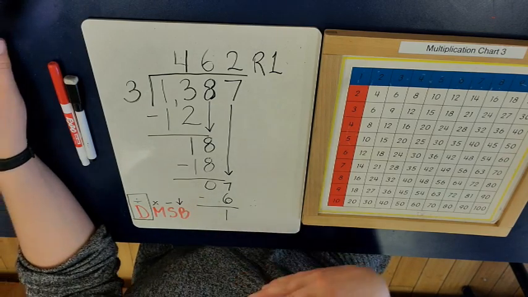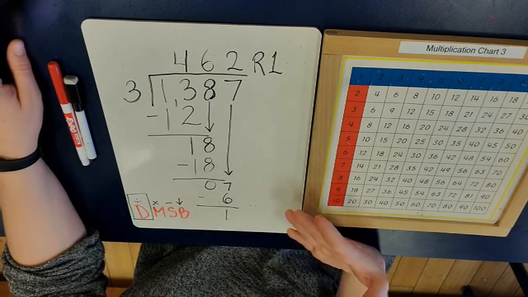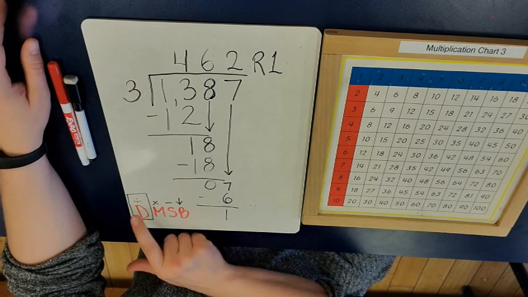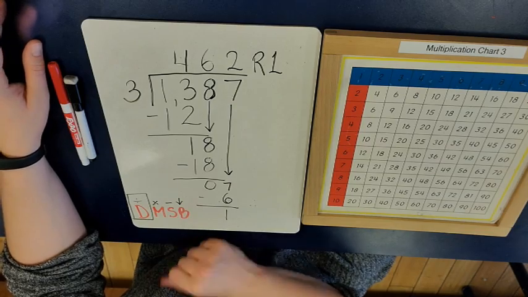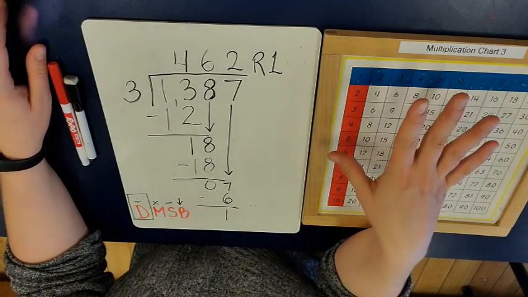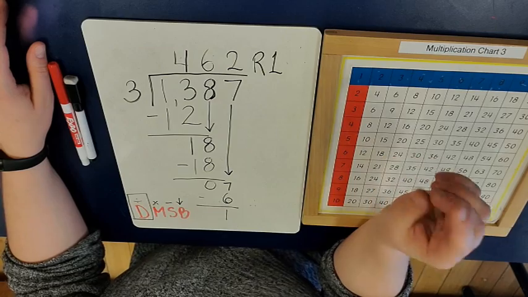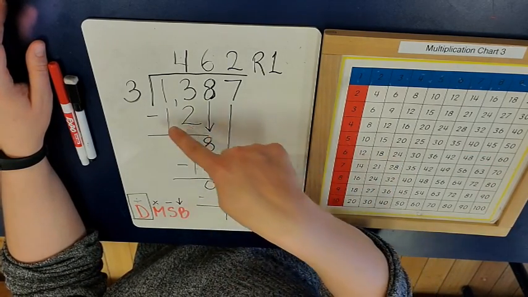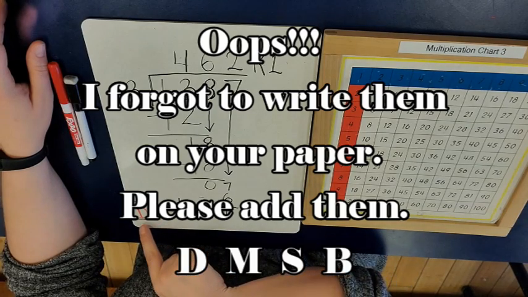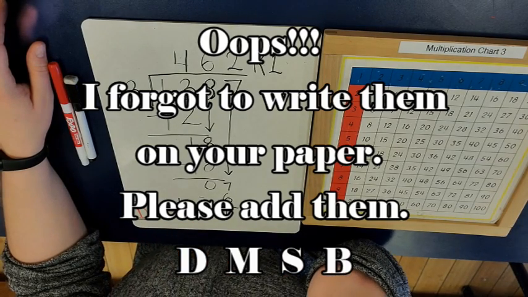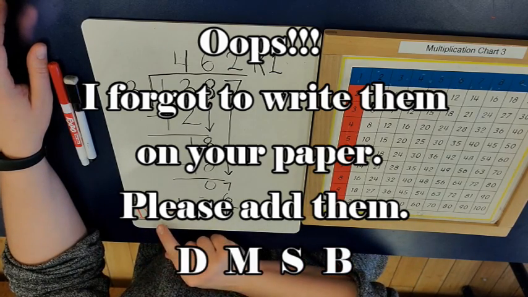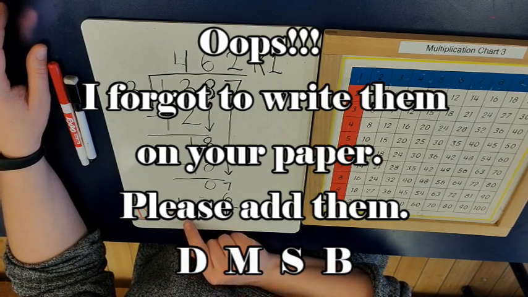One of the things that does help though is at the top of your division paper is writing DMSB, and you can write the symbols on there. In fact, I think that for your first division paper that I'm going to be sending you that has exchanging, this is how you record your exchanging, I will write at the top DMSB for you so that you can be reminded about that. Divide, multiply, subtract, bring down.